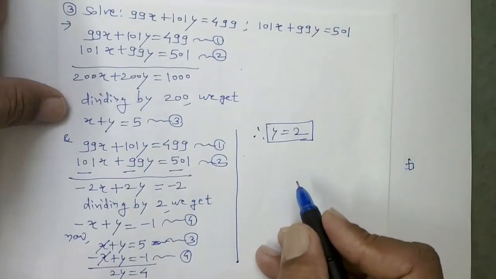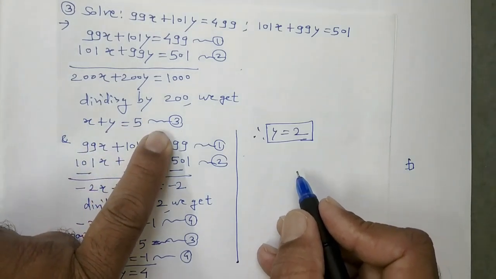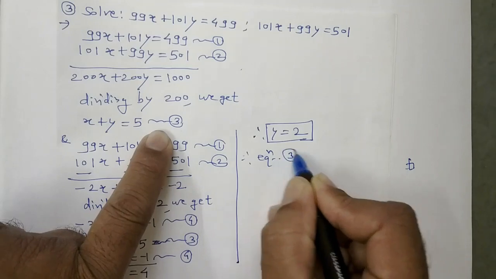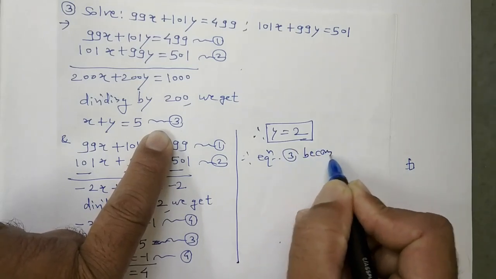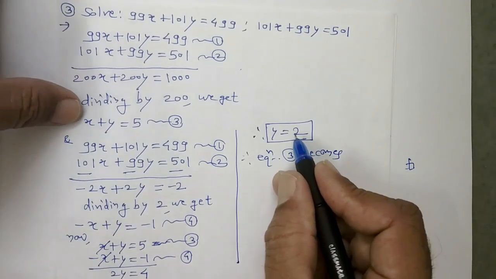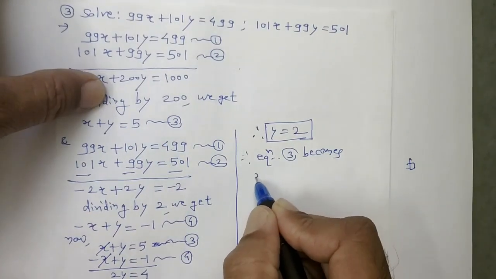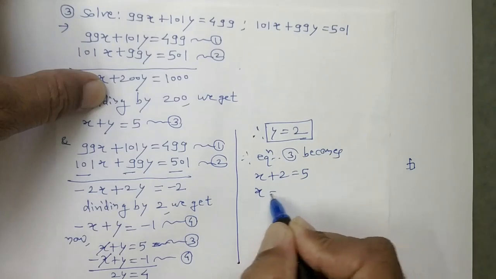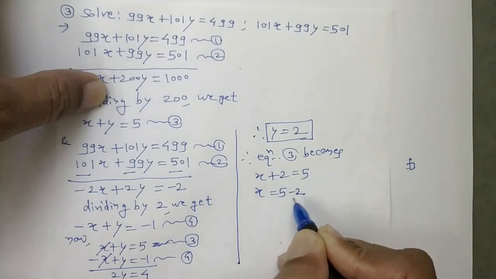Now put this value of y in equation 3. Therefore equation 3 becomes x plus 2 is equal to 5. Therefore x is equal to 5 minus 2.